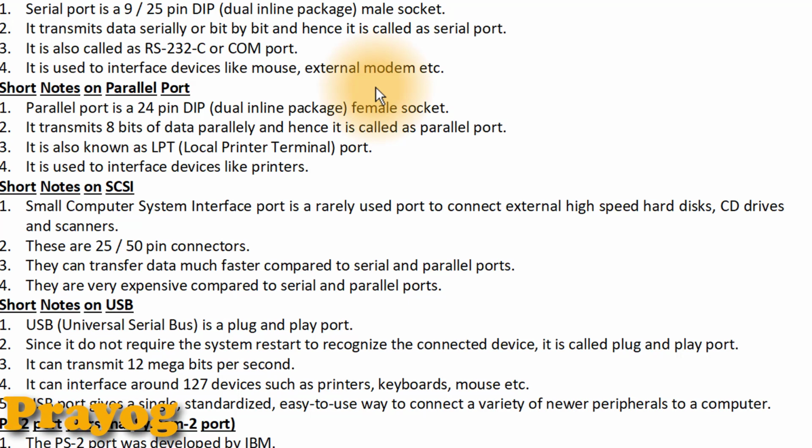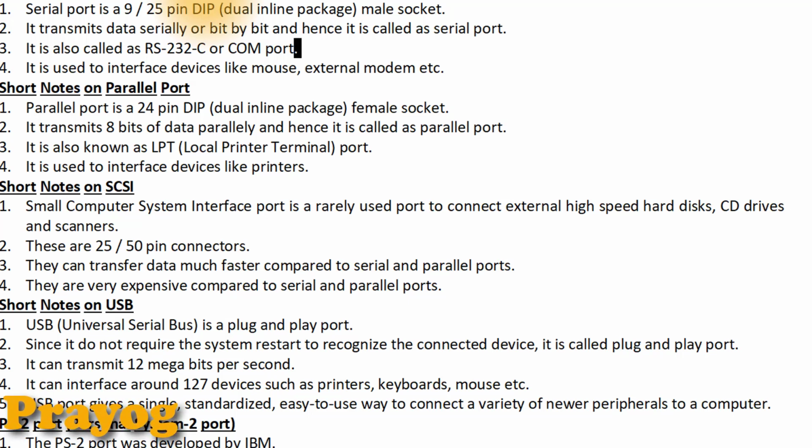Moving on to the next topic, serial port. See, basically serial port is a 9 or 25 pin DIP or a dual inline package. It's a male port. It is called serial port because it is capable of transmitting only one bit of data at a time.